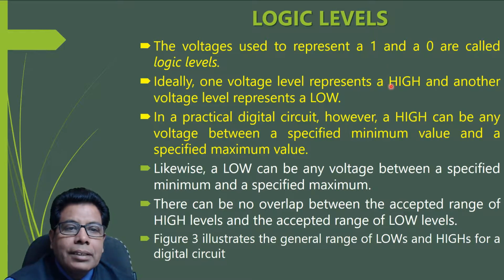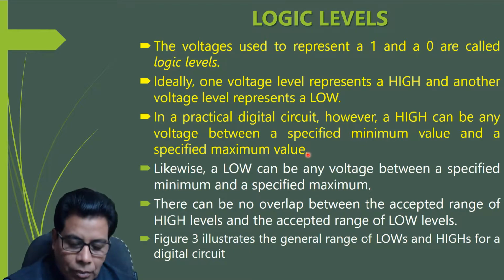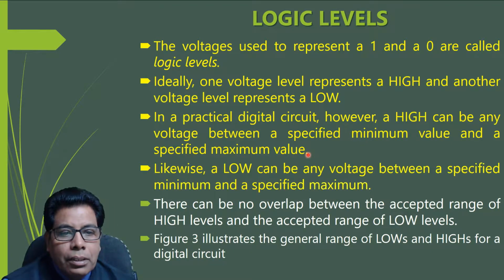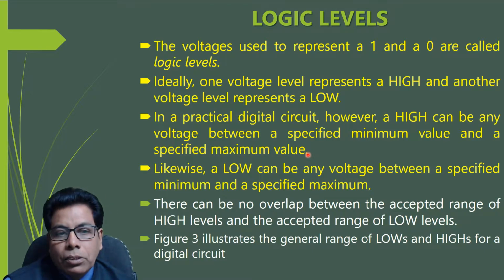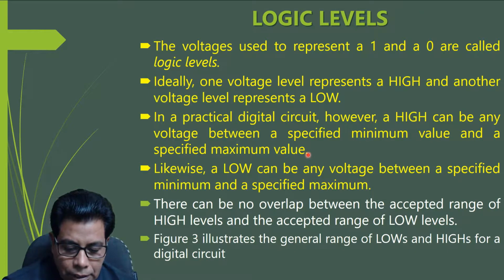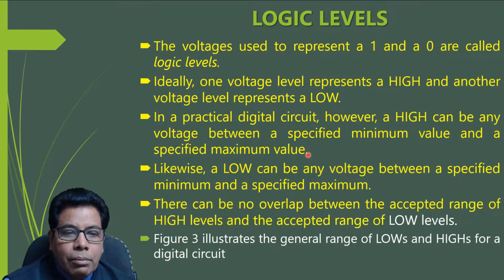It will not be only a single value, it will be any value between a minimum and a maximum. Similarly, low can be any voltage between a specified minimum value and a specified maximum value. Then there can be no overlap between the accepted range of the high levels and the accepted range of the low levels. There should be no overlap.